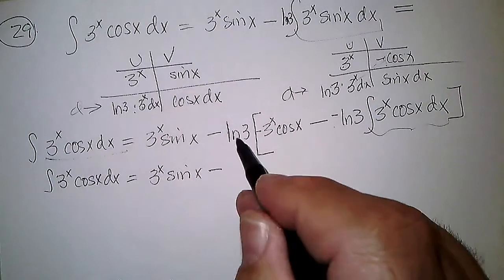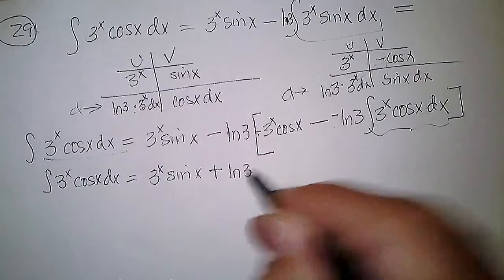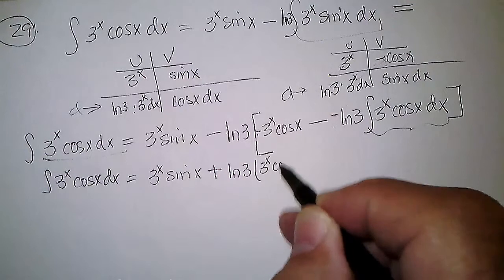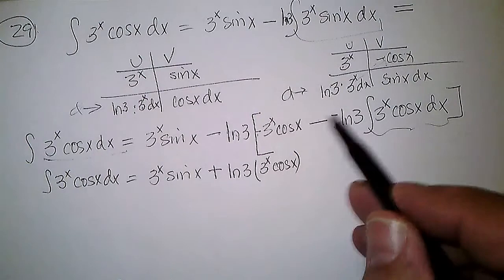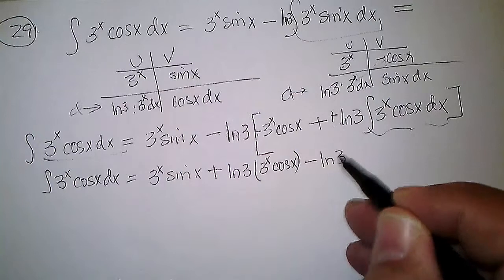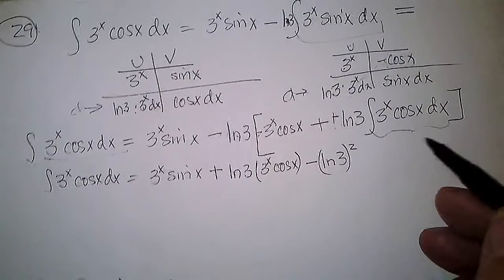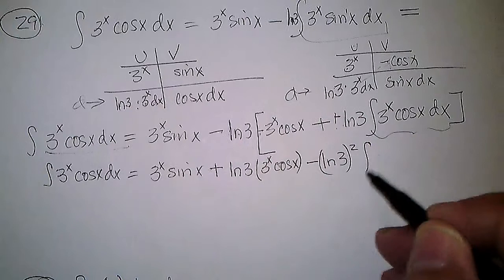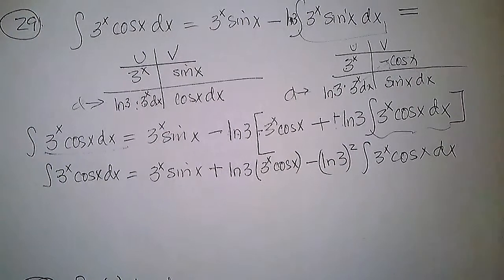Minus times a minus is plus ln 3 times 3 to the x cosine x, and then minus ln 3 times, and this is minus a minus, which is plus, so we're going to have minus ln of 3 quantity squared, times the rest of this, which is the integral of 3 to the x cosine x dx.